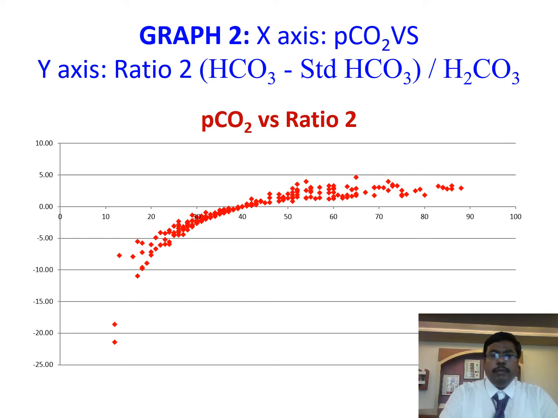So ratio 2 is equal to bicarbonate minus standard bicarbonate divided by carbonic acid. As PCO2 increases, bicarbonate concentration also increases, so the difference between the bicarbonate and standard bicarbonate will increase towards the positive side. So the ratio is positive for increased PCO2 and negative for decreased PCO2.